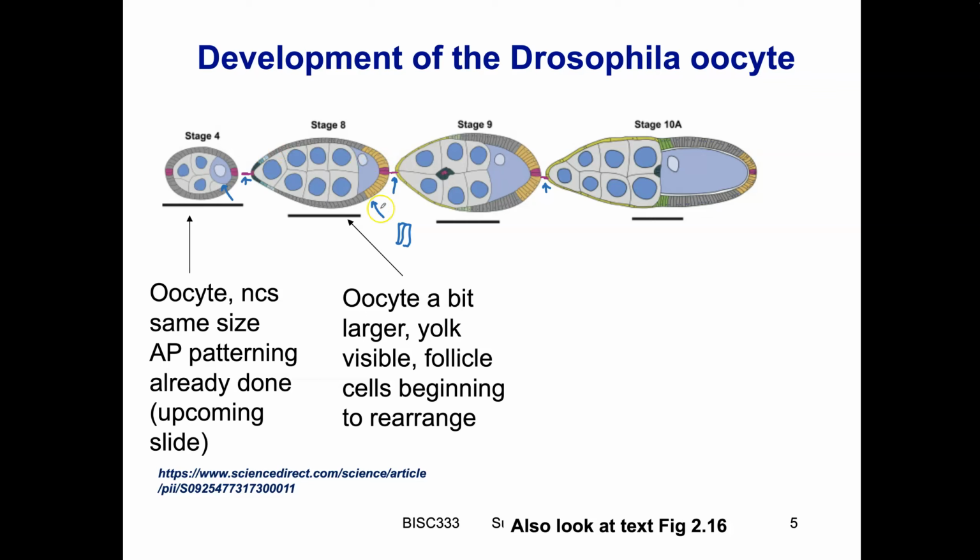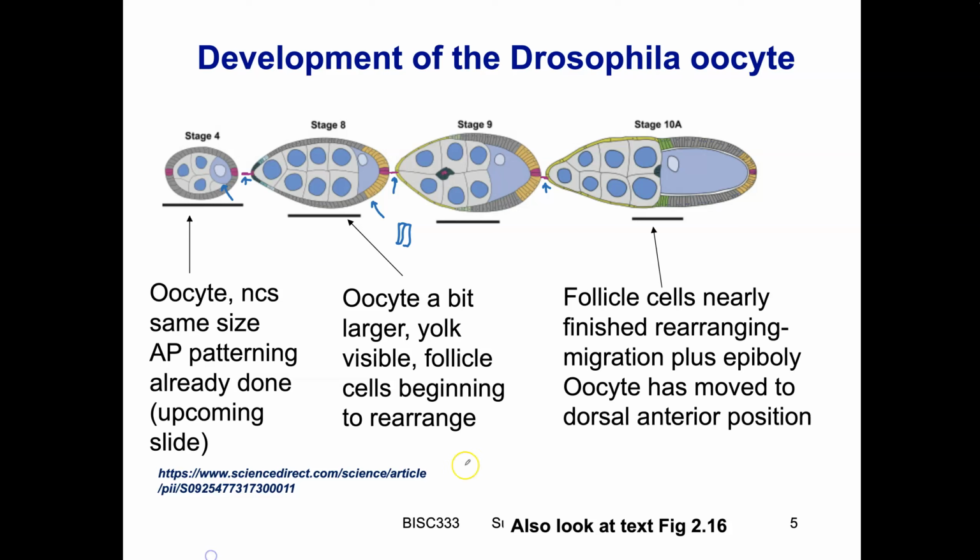So there are lots of follicle cells around the oocyte, and over time there are relatively fewer follicle cells around the nurse cells. By stage 9, the oocyte is around a third the size of the total egg chamber. And by the time we get to stage 10A, which, again, I remember stage 10 because it looks like a shoe print to me, almost all the follicle cells are columnar.